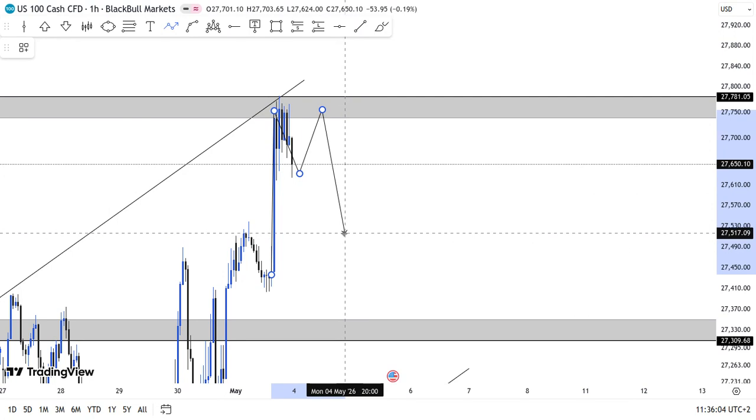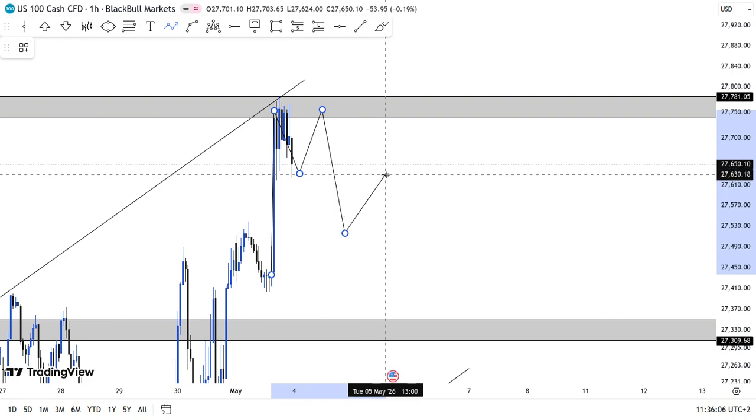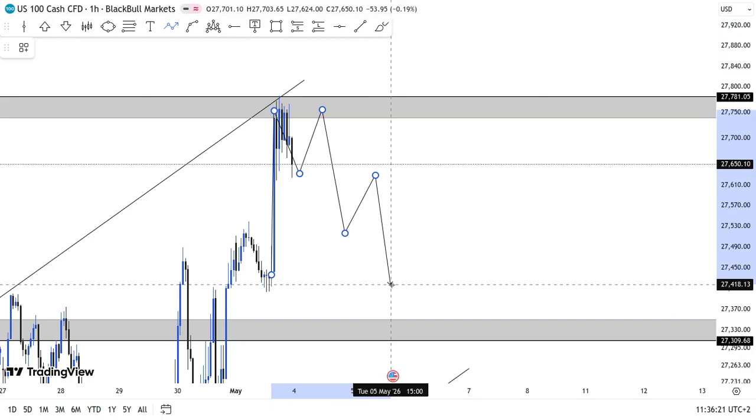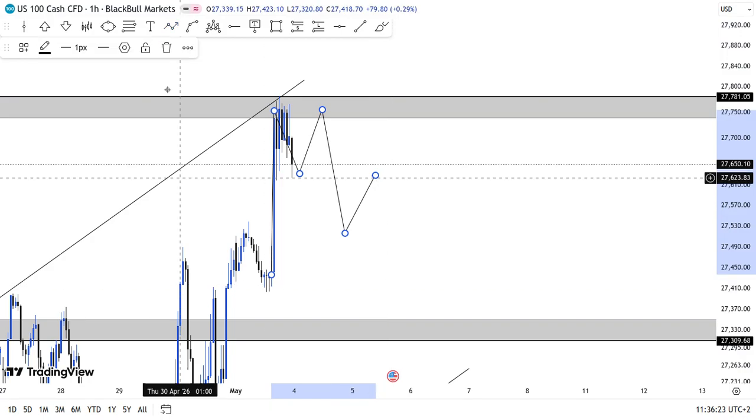Come back there, retest that right here, meaning we are bearish now. So I have to be monitoring my 4-hour time frame to really see that indeed we are shifting our sentiment.